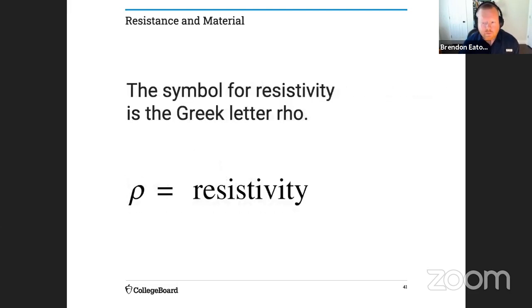So the symbol for resistivity is the Greek letter rho, which is, yes, I know, the same symbol as density. But when we're talking electricity, when you see rho, you need to know that that is resistivity. And again, that's a property of that material itself. So each different material, each different element has a different resistivity that's intrinsic to that substance.